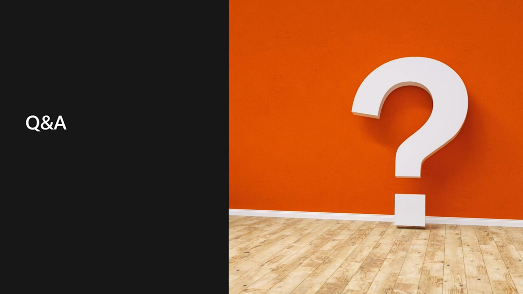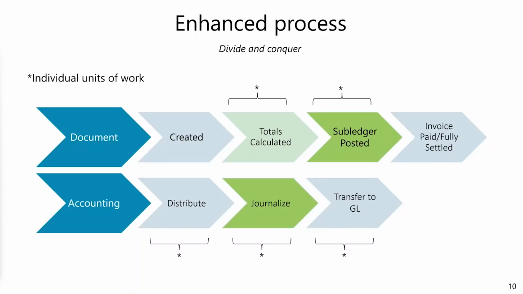One specific question was, what about a difference between the subledger and the GL until the transfer happens? That is true, but it's been that way for quite a while, ever since source documents came around. You have to run the GL transfer, and the asynchronous option ultimately runs it quite quickly. So using that, it's more or less independent of this change.